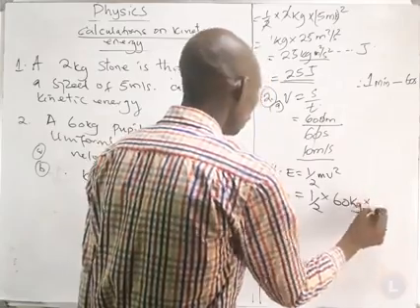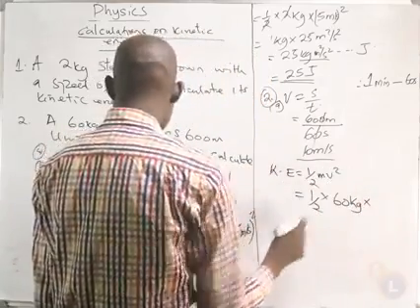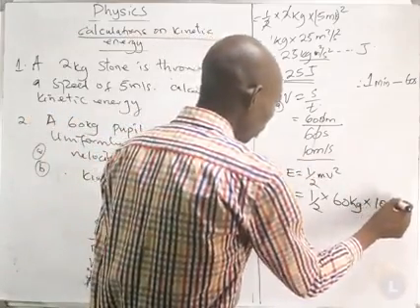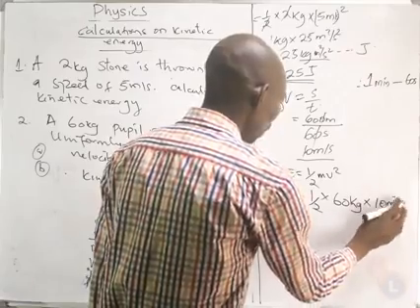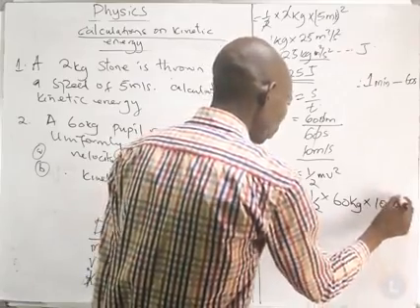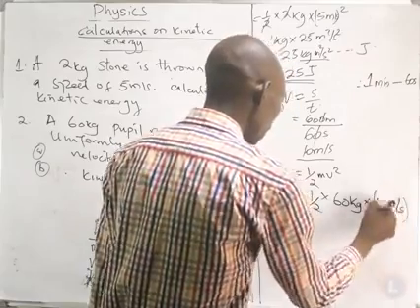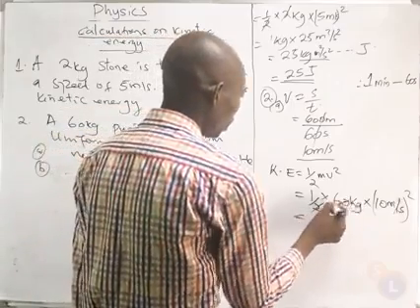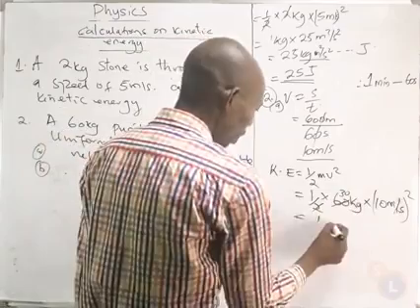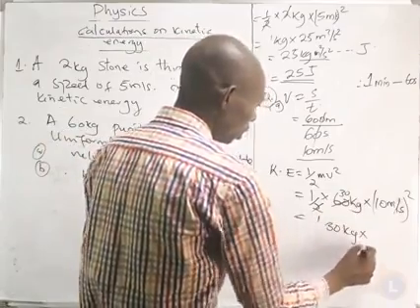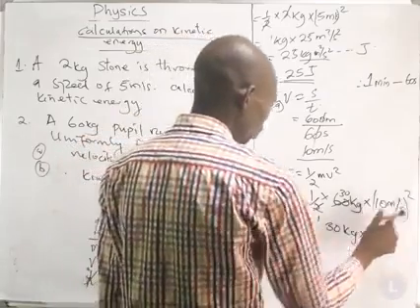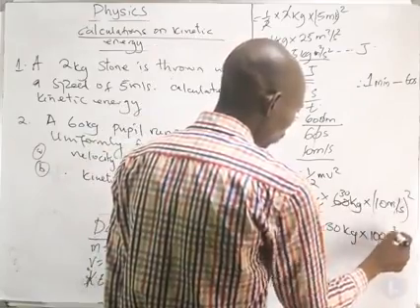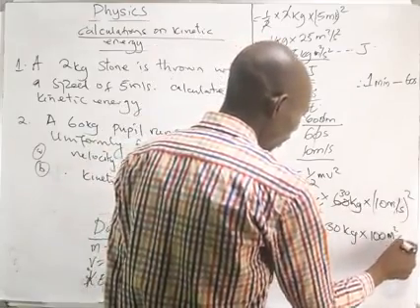60 kg, you multiply by the velocity which we have calculated as 10 meters per second, and since it is squared, half of 60 is 30. We have 30 kg, you multiply by 10 squared, which is 100, then meter squared over second squared.